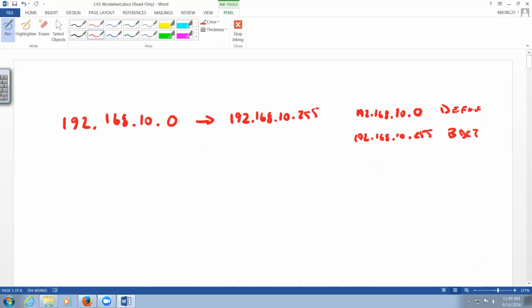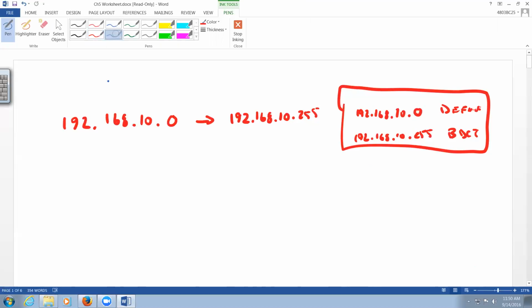Okay, so how many hosts did that leave us? 256 minus 2. We always subtract 2 because we always have to define the network, and we always have to do a broadcast. So when we split this up into 8 networks, guess what we do?